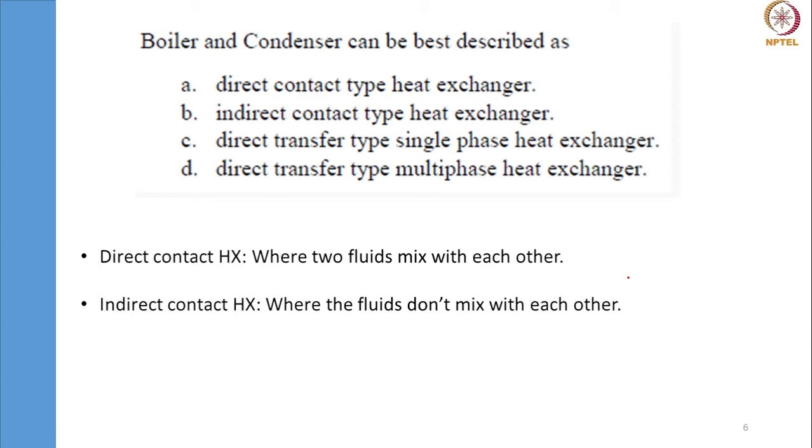In case of reboiler, suppose we have a distillation column and we have a thermosyphon reboiler, then generally we use steam on the shell side, and the tube side is hydrocarbon, which may be forced circulation or thermosyphon reboiler.